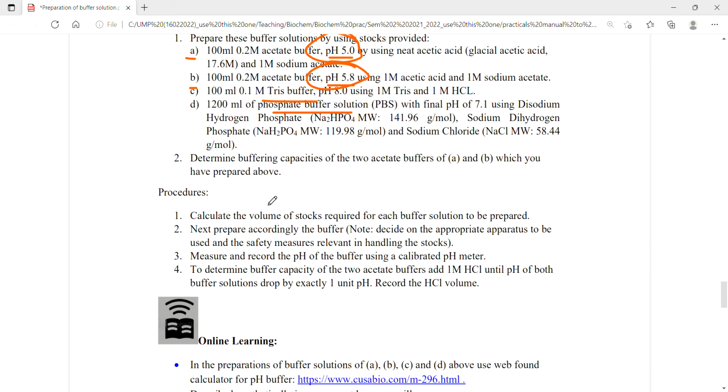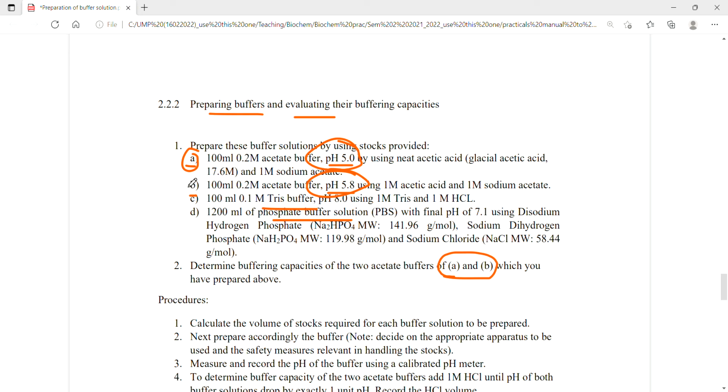Okay, right. Next, I have asked you to just focus on A and B. How do you determine which one has a better buffering capacity? Recall that both are the same acetate buffer, except the pH is different, that is, one is pH 5 and the other is 5.8.